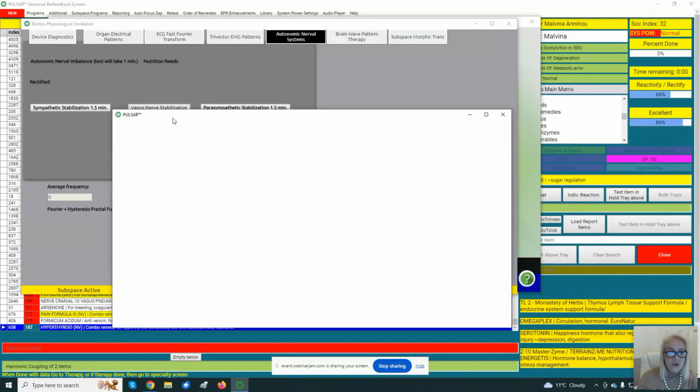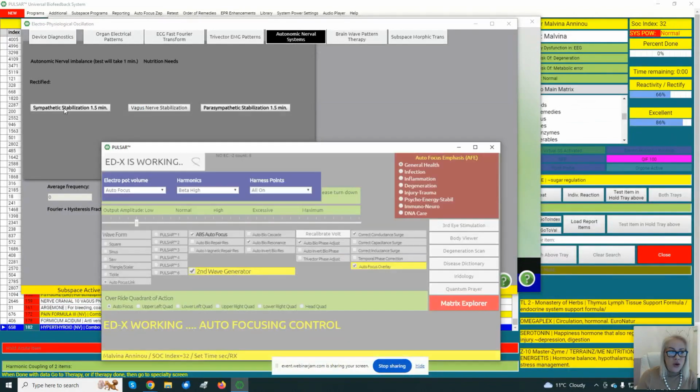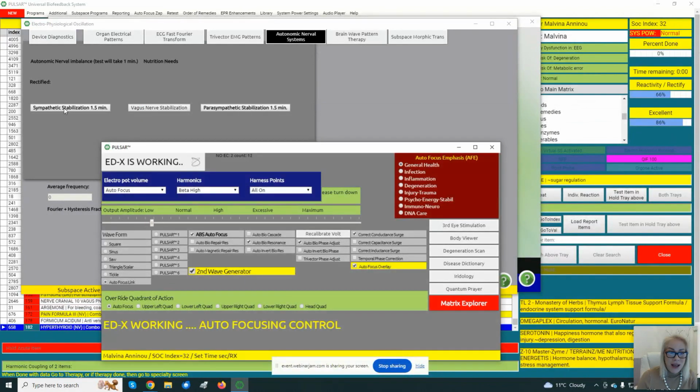You start with the vagus nerve system, then you're balancing the sympathetic and balancing the parasympathetic. And through this method, you're lowering adrenal action, the fight or flight, you're lowering cortisol levels, okay?